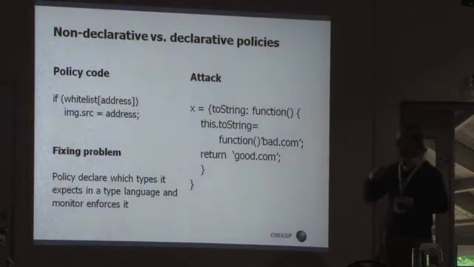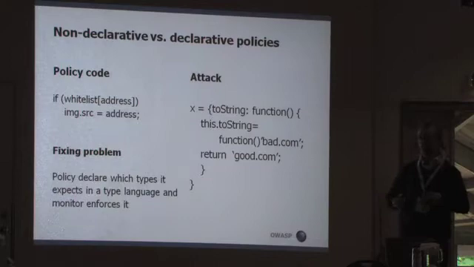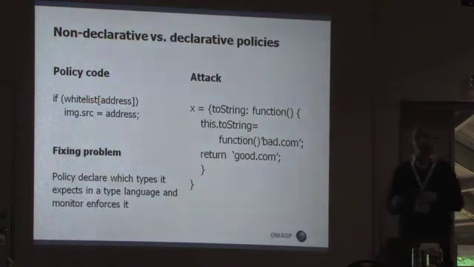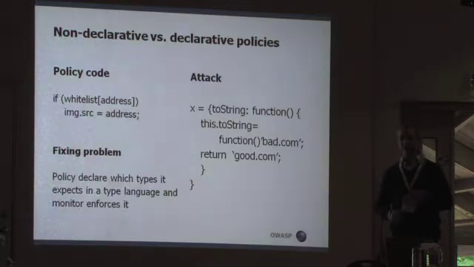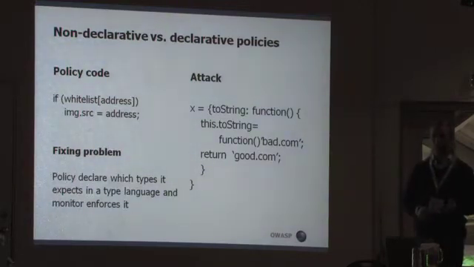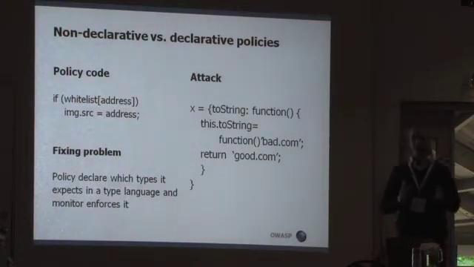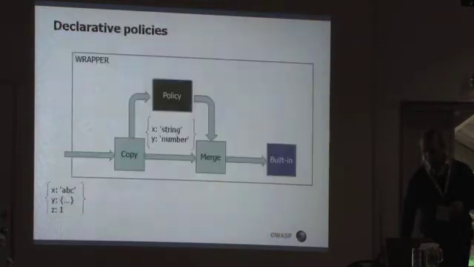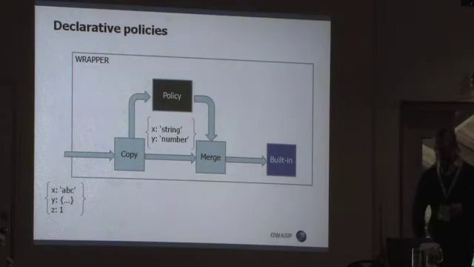So how we deal with this problem is to define a type language so that policies can declare what properties and what types they are going to inspect, and make sure that what is actually passed to the policy is coerced to be of that type. It will work something like this.